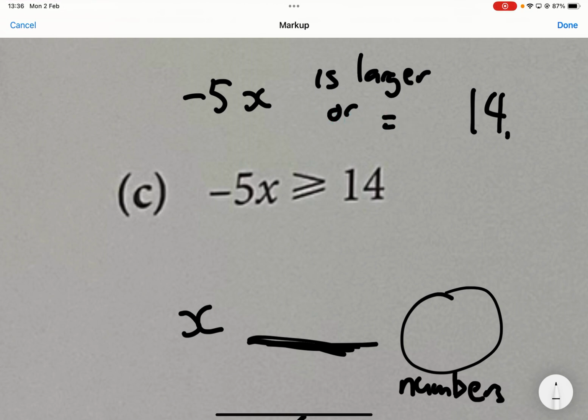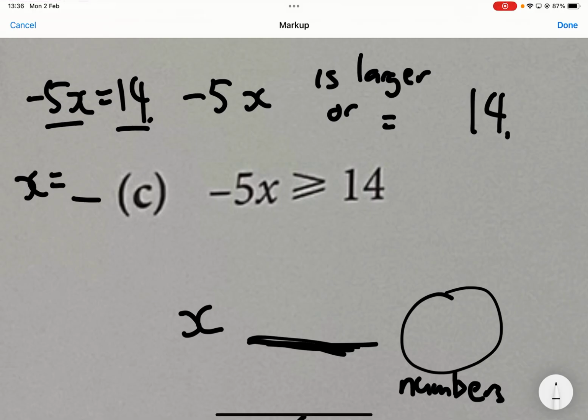Just like when I'm solving an equation, if I have negative 5x equals to 14, this is telling me negative 5x is the same as 14, but what is 1x? So this one is also the same. I am given negative 5x is larger or equals to 14, but what about 1x?